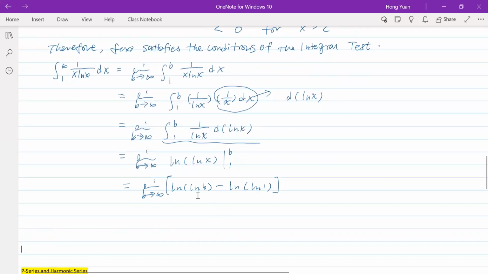As b approaches infinity, this part goes to infinity, and this is ln of 0, so we don't have to think about this part. We only think about this part as infinity.